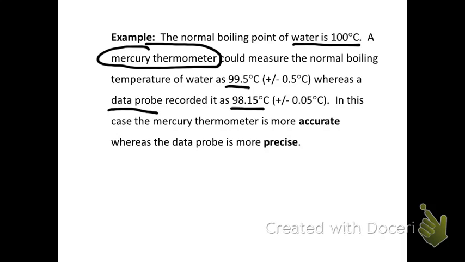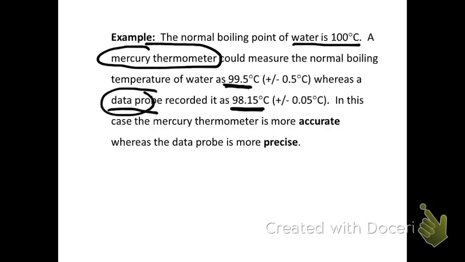However, which one is more precise? Well, which one of these measurement devices, the data probe or the mercury thermometer, allows us to have more significant digits? Well, it turns out it's the data probe. The data probe lets us have 4 significant digits, as you can see, the 9, the 8, the 1, and the 5, whereas the mercury thermometer only allowed us to record 3 significant digits, the 9, 9, and 5.